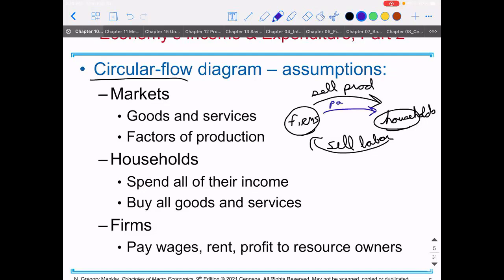Firms pay wages, households buy products, pay a price for them, presumably. In essence, the black should equal the purple in this picture here. Everything spent should equal your income that you're receiving, and you get that income by having sold something.